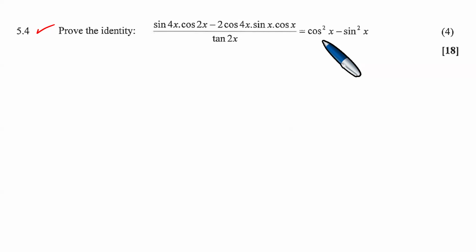Too easy. Sine of 2 times 2x. Okay, so yeah, we need to take one side. So we take the left-hand side, I presume. So what do we write here?